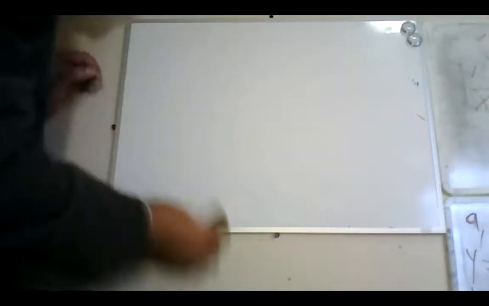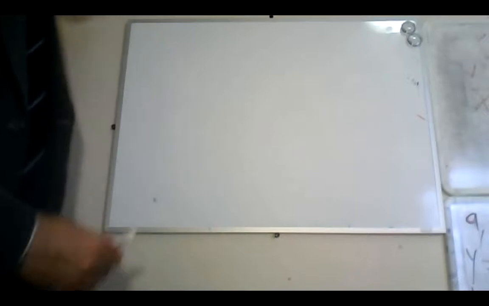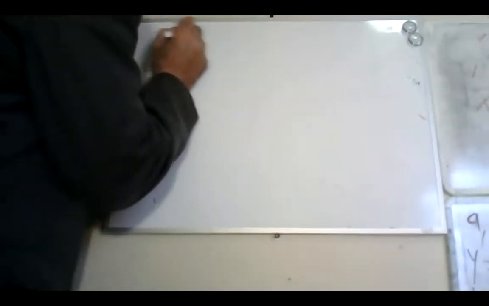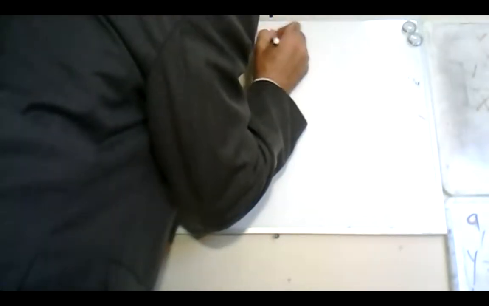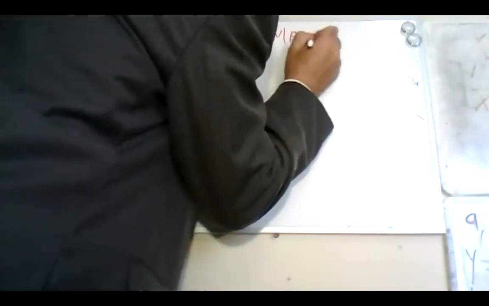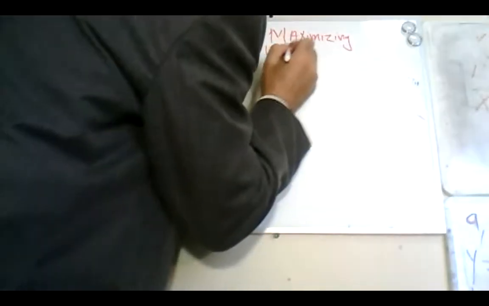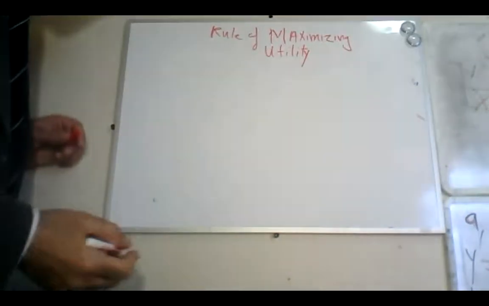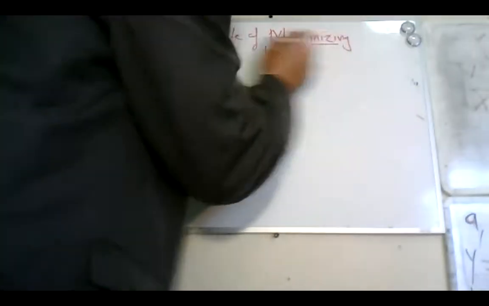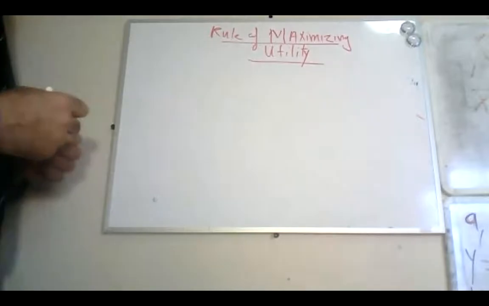Here we go. The meaning is that the consumer will maximize his utility. Rule of maximizing utility. So when will maximizing the utility happen?